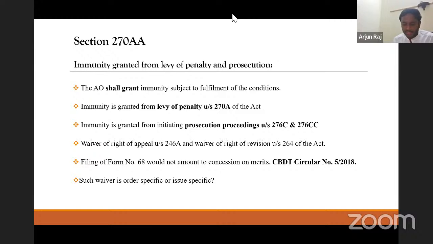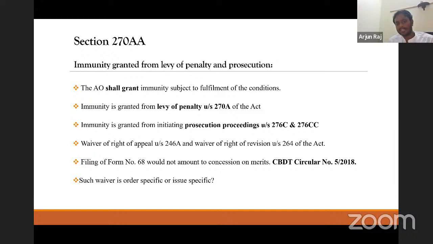Now the question is whether I can accept one addition and be entitled to the immunity under 270AA because I have not challenged the addition on which 270A was initiated. And in the event of complying with the other conditions, that is paying taxes and complying with Form 68, will I be able to get the waiver? That is the crucial aspect to be analyzed.